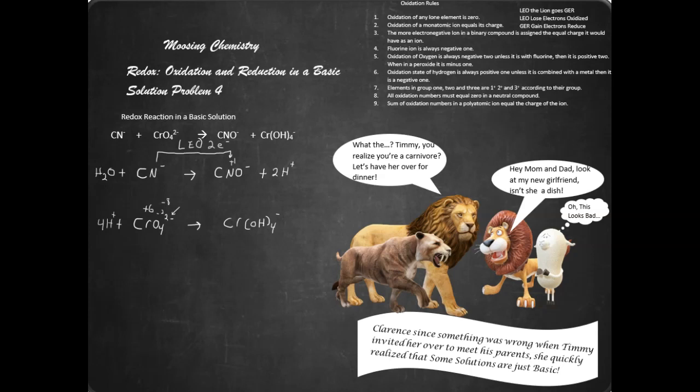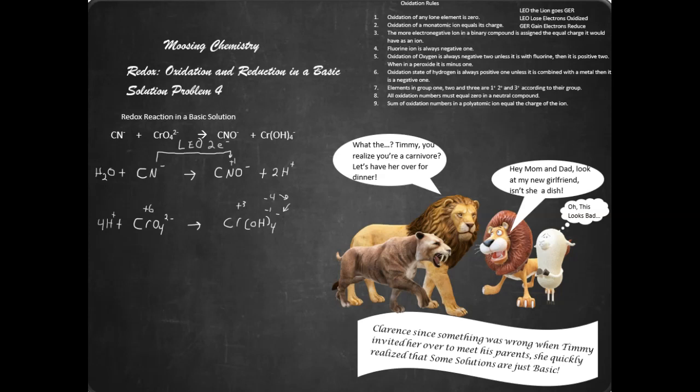Okay, so let's clean that side up a little bit, and let's try to keep everything neat here. Okay, on the right side of the equation, let's look at this Cr. So OH has an overall charge of -1, but we have 4 of them, so we have -4. For this to be a -1, Cr would have to be a +3, because 3 minus 4 is -1, right?